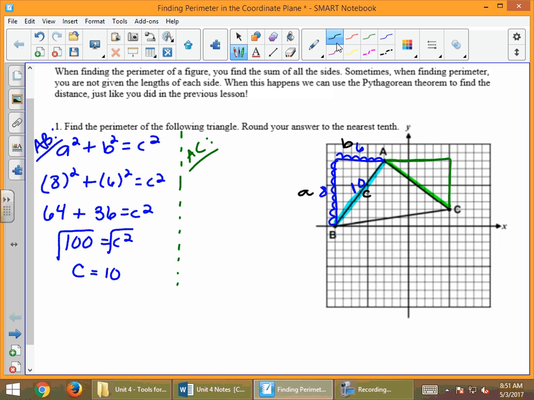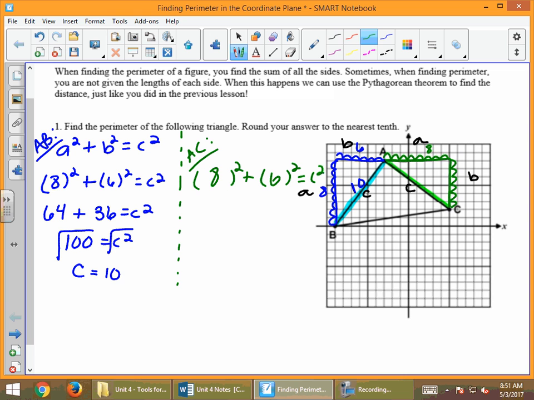Again, slanted one's always our C, and it doesn't matter which one you make your A and which one you make your B. And count. We know we're going to plug it into the Pythagorean theorem. We count 1, 2, 3, 4, 5, 6, 7, 8. 1, 2, 3, 4, 5, 6.